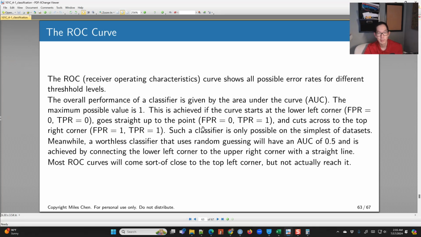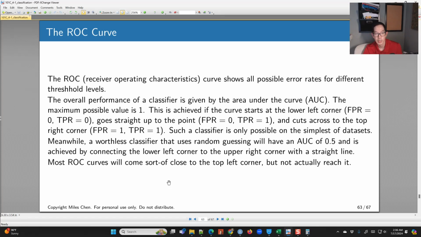That kind of example is not really possible in real data sets. A worthless classifier that uses just random guessing will have an AUC of 0.5, which is just a diagonal line from the lower left to the upper right corner.